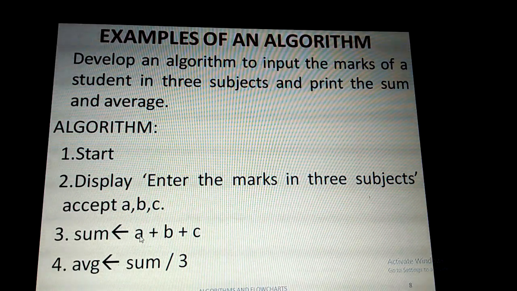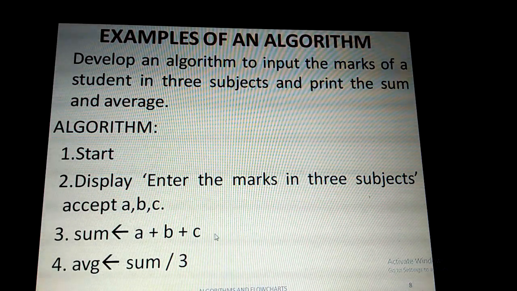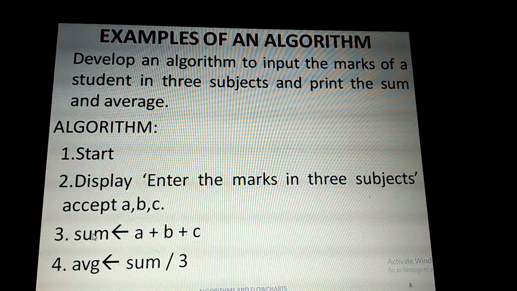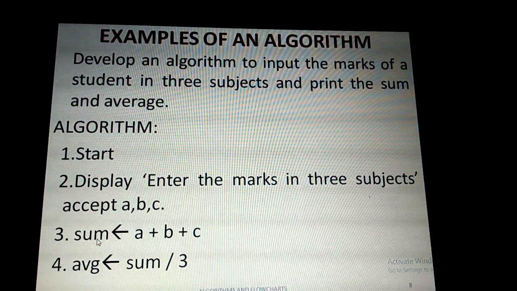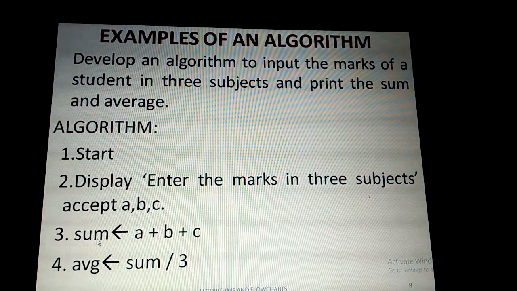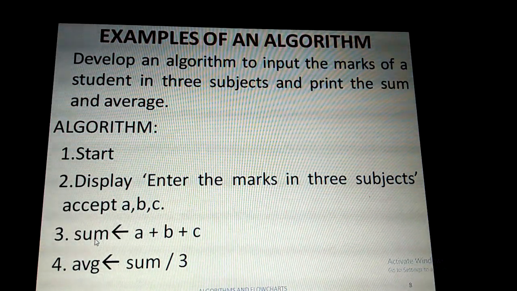Okay, so values are going to be represented in this place A and in this place B and the place C. So A, B, C values are going to be added here, and it is assigned to the result variable called sum. So sum is the final variable which is holding the answer, that is total of all the 3 subjects marks. So we can use total also or sum also, that is user defined only.